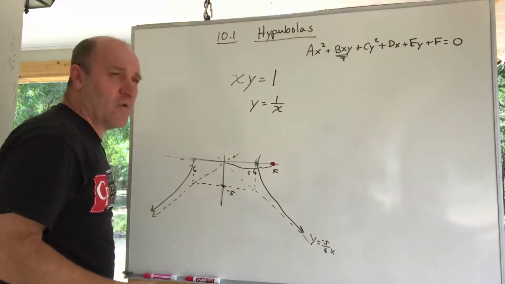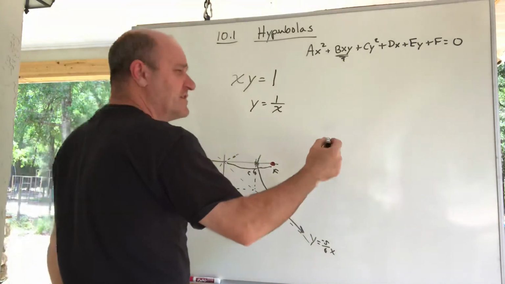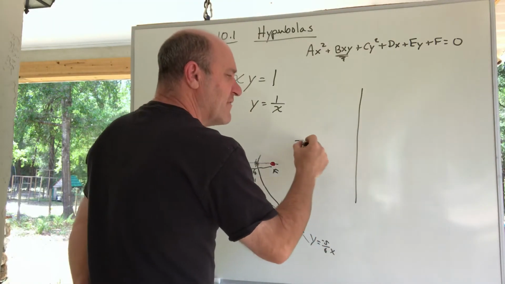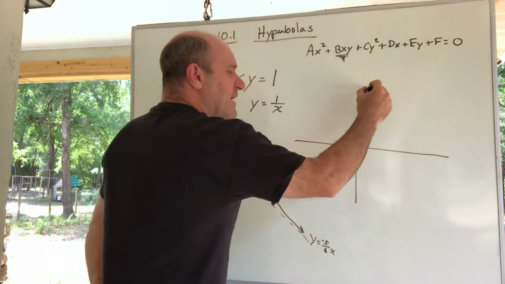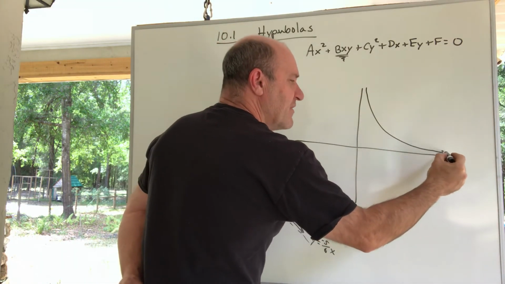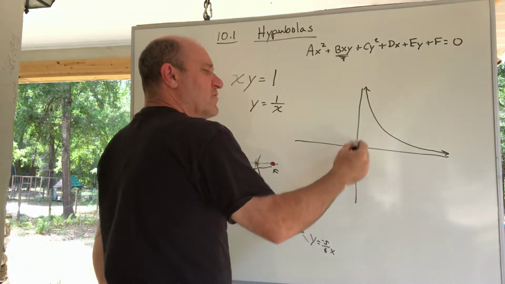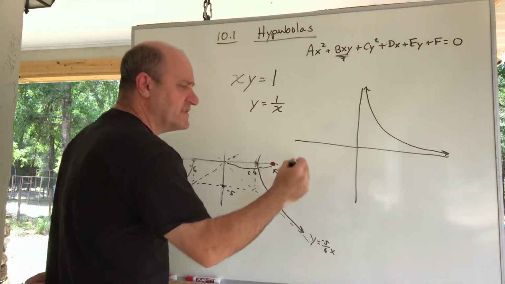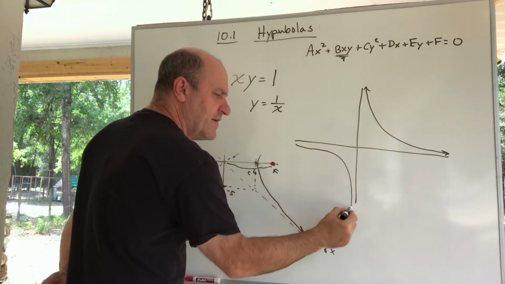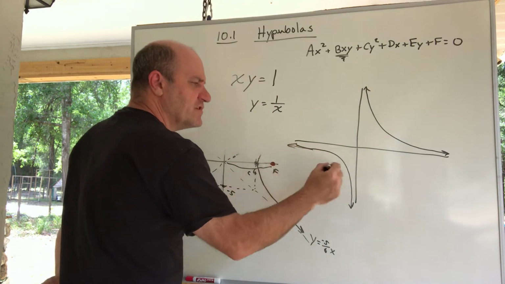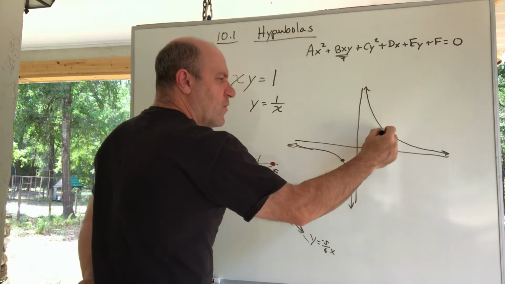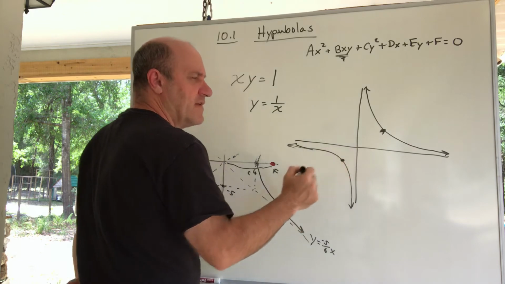We've looked at that quite a bit in our Chapter 9 discussions and so forth. This is kind of an important graph that approaches an asymptote there. There's the x-axis, approaches an asymptote there on the y-axis. It also lives over here. It goes through this point 1, 1, and negative 1, negative 1.